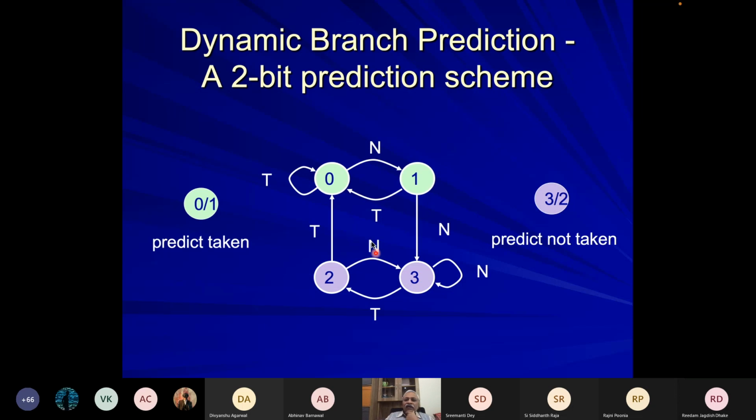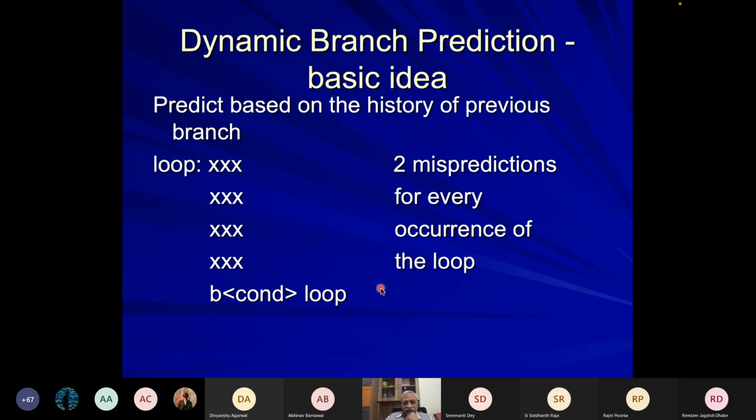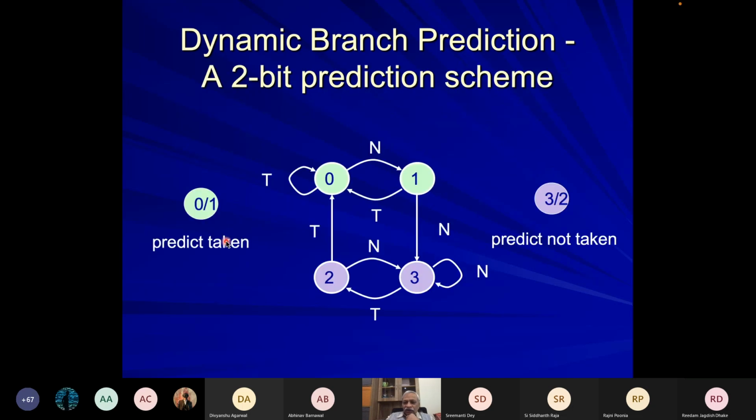So now, if you have this kind of predictor and apply it to this simple loop, then after going wrong once, you will not change your mind and you will keep predicting that branch will be taken. So next time when you come in the first iteration, you will be correct, and you will continue in that state. So this can actually avoid faltering on such a simple case where static prediction works.